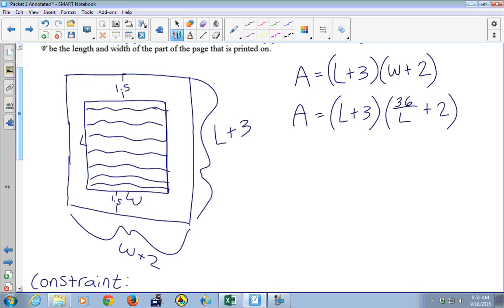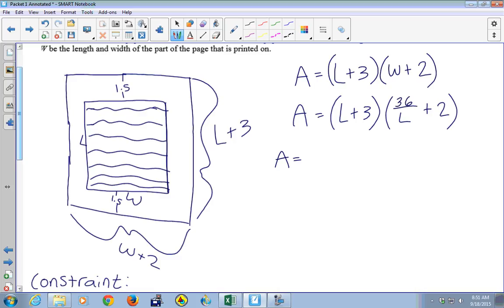Horizontal tangent lines happen when the derivative is 0, so I have to take the derivative of this, set it equal to 0, and find potential locations of maximums and minimums. Those are called critical numbers. So first thing I'm going to do is FOIL this out, because we only know one rule for taking a derivative, and it's the power rule, so far. So I'm going to multiply that out so that I have a polynomial to start with.